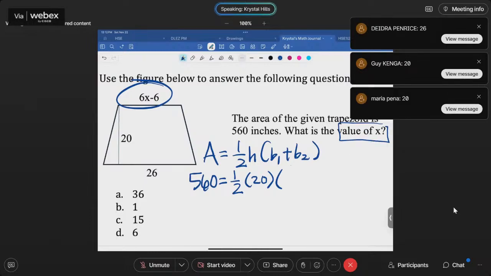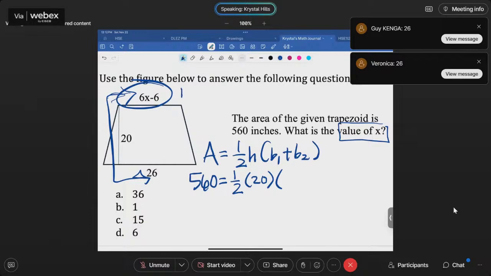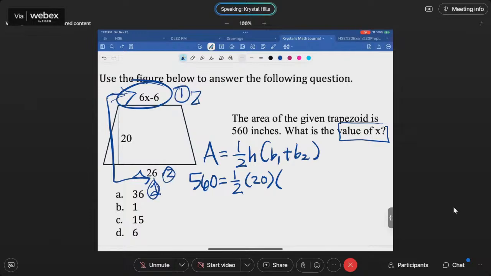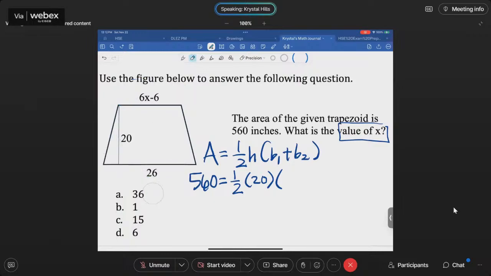And let me tell y'all, it doesn't matter which one you choose, because 1 plus 2 is 3 and 2 plus 1 is 3. So whether you choose this to be base 1 and this to be base 2, or the other way around, it does not matter. Just know that your bases are these two numbers. So I'm going to say that my base 1 is going to be 26, plus my base 2 is going to be 6x minus 6.